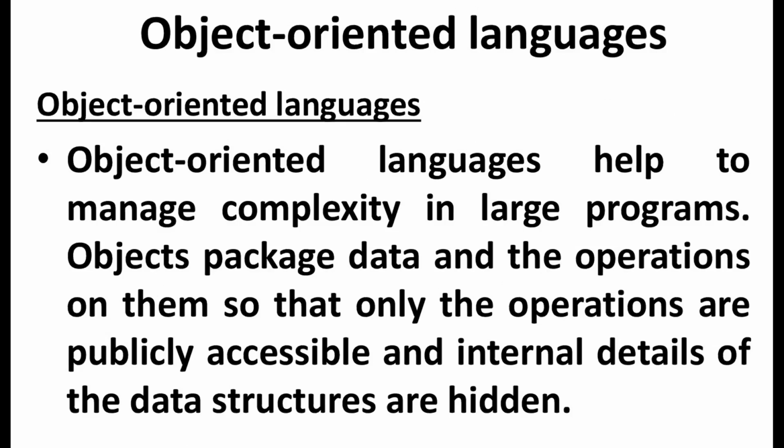Object-oriented languages. Object-oriented languages help to manage complexity in large programs. Objects package data and the operations on them so that only the operations are publicly accessible and internal details of the data structures are hidden.